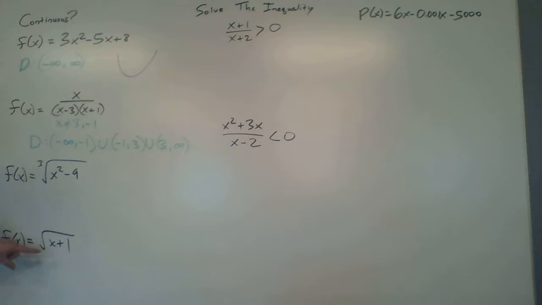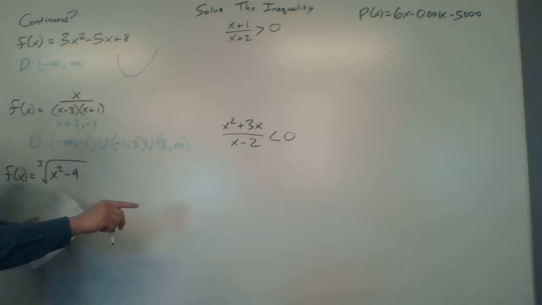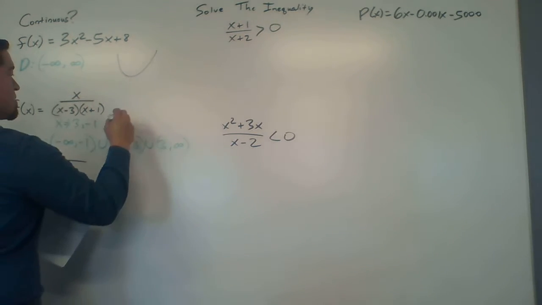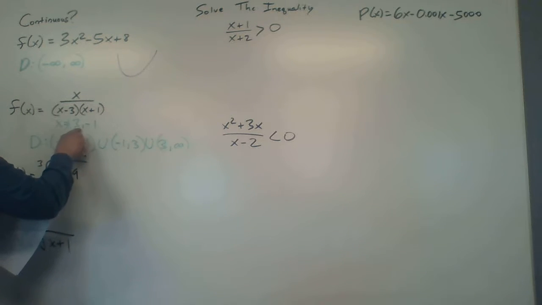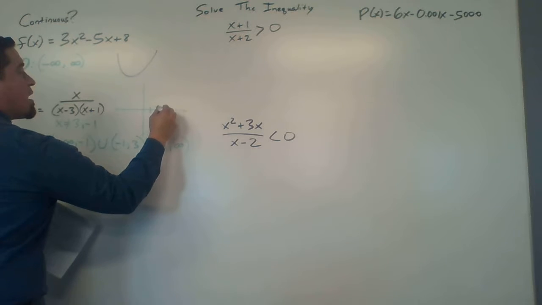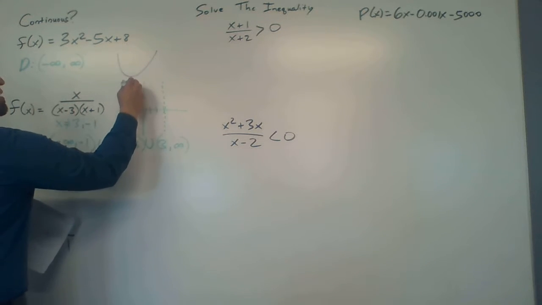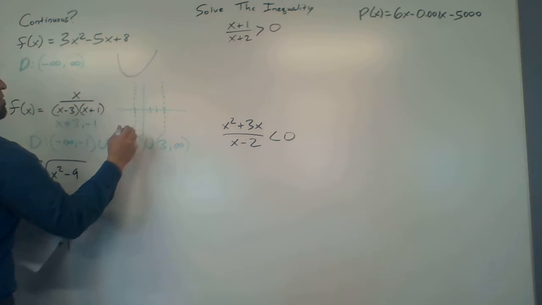I think I'm going to do the fourth one first to emphasize a point. Oh, actually, I did want to say this. You can always check your work, right? You have graphing calculators, but if you remember from class, this would be a vertical asymptote at 3, and there's going to be another vertical asymptote at negative 1.